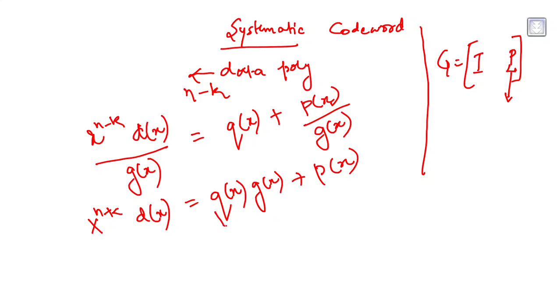If you recall the property, any data polynomial multiplied with the generator polynomial gives a code word.